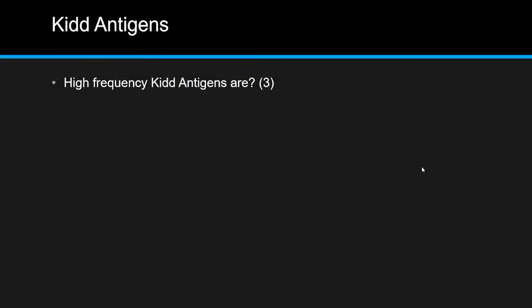All right. For the Kidd blood group system, they're going to ask you this in the board exam: which of the following antigens are high frequency antigens? They're not going to give you just the Kidd blood groups. They're going to give you a combination of all the blood groups that we've studied here.